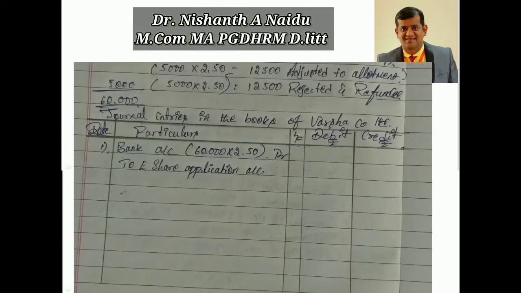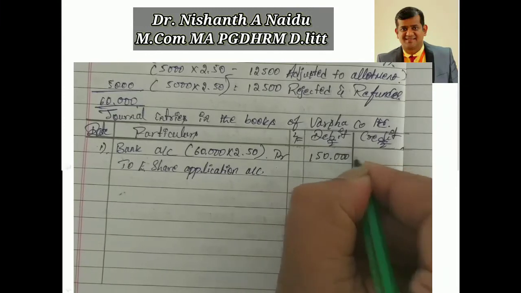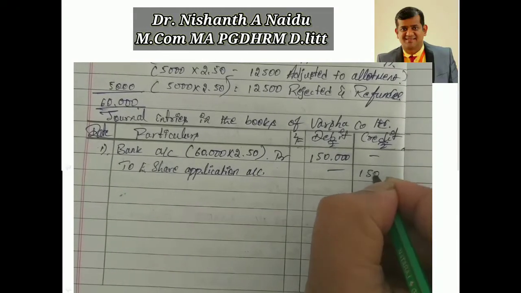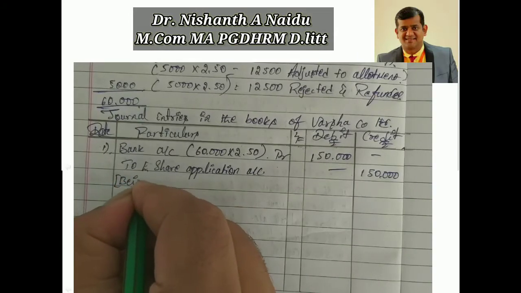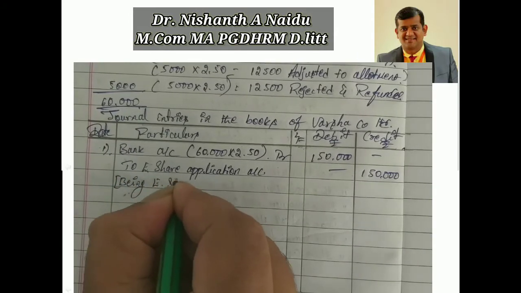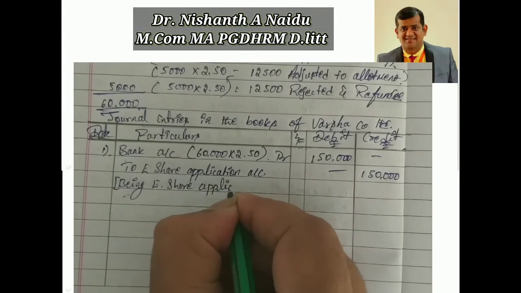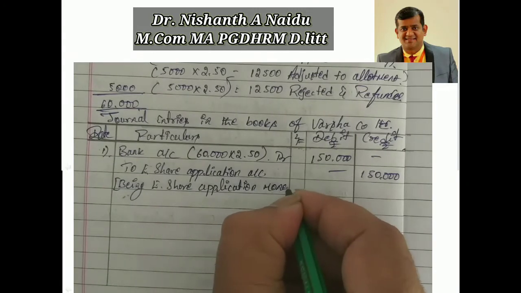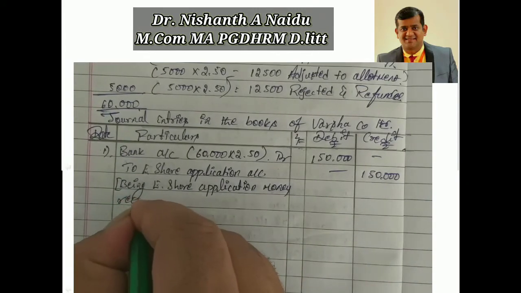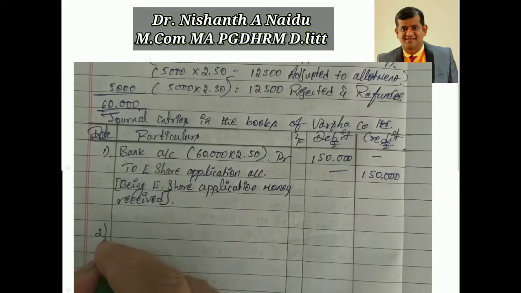Calculate: 60,000 into 2.50 comes to 1,50,000. Being equity share application money received. I am done with the first entry.